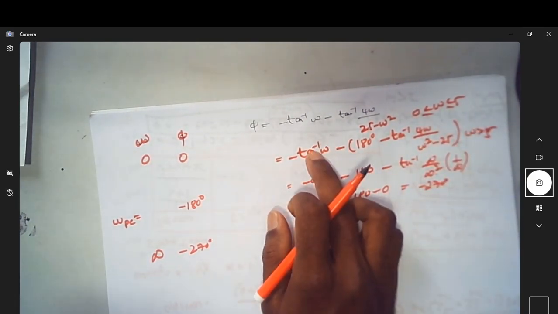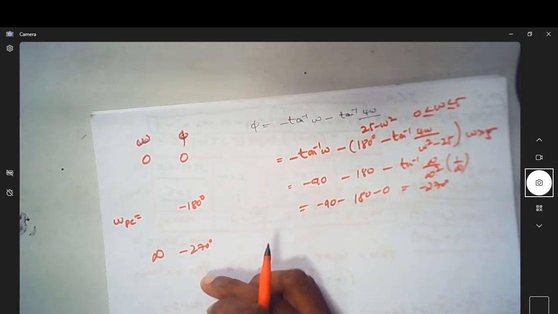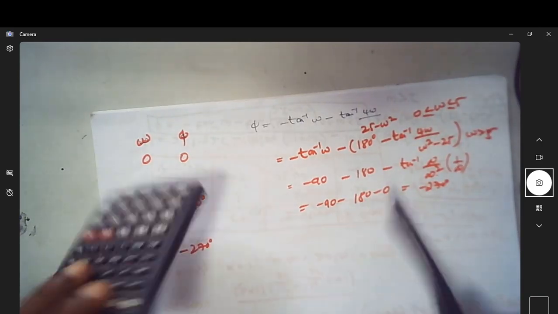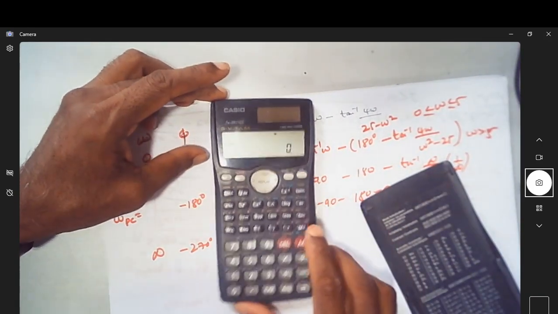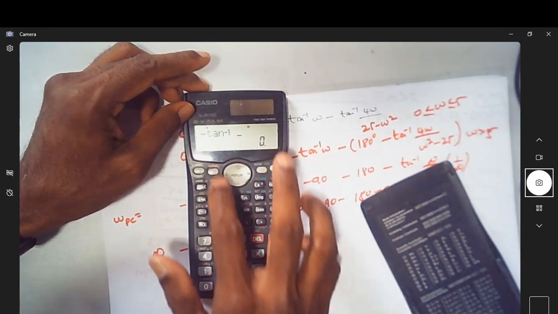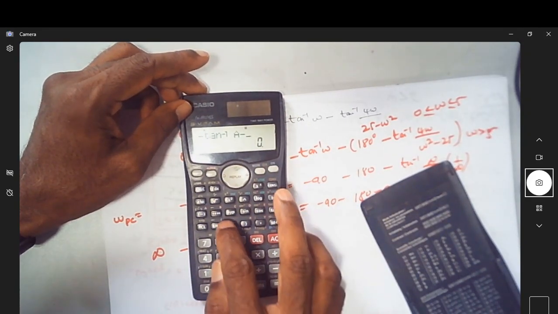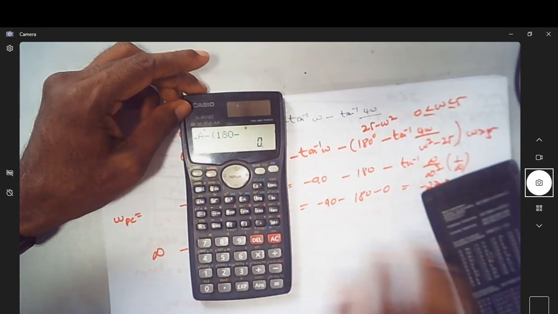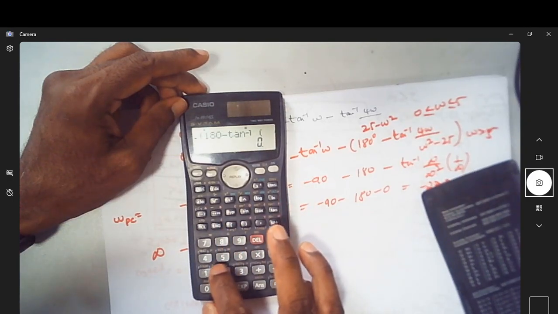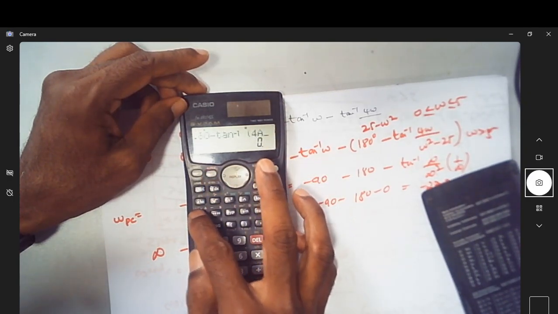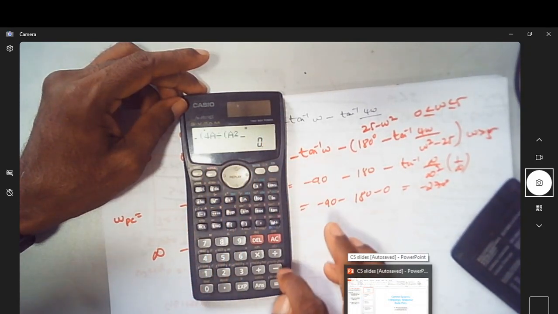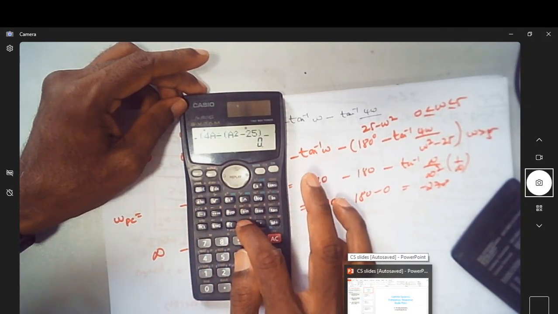So let me use the second equation and find what is omega PC. So let me just carefully do it. It is minus tan inverse of omega minus 180 minus tan inverse of 4 omega divided by omega square minus 25, close the parenthesis.